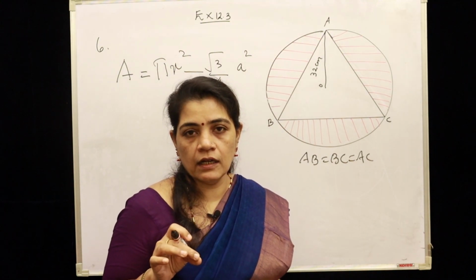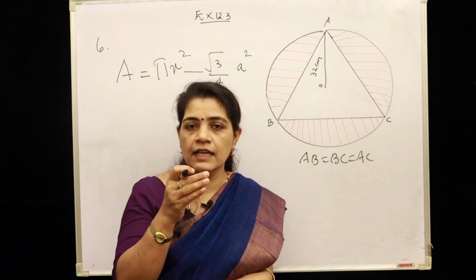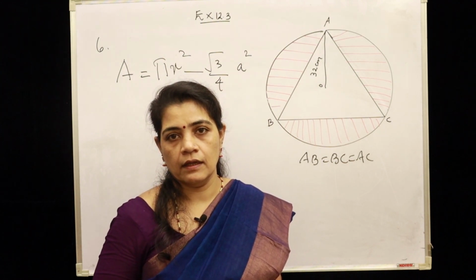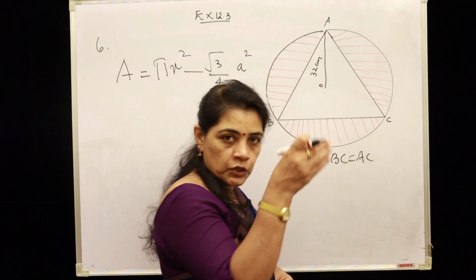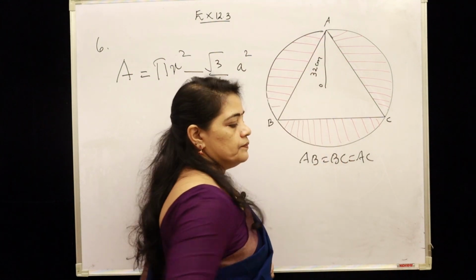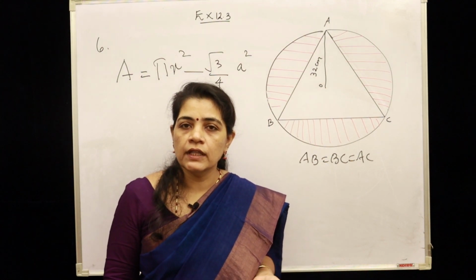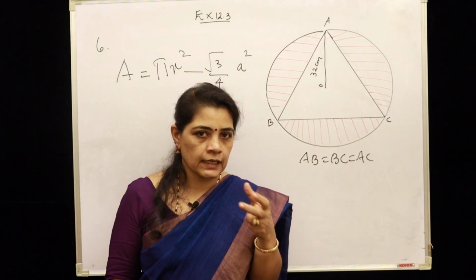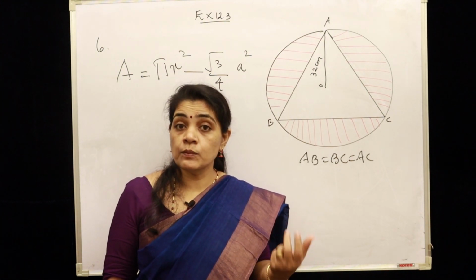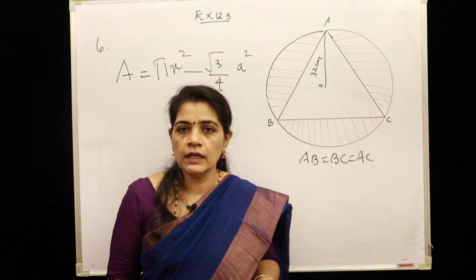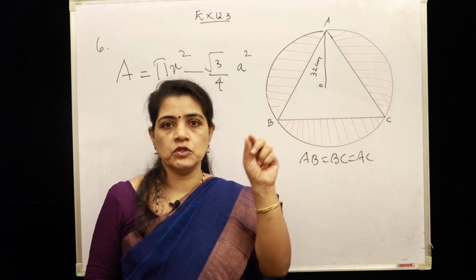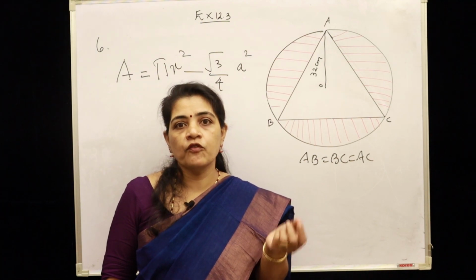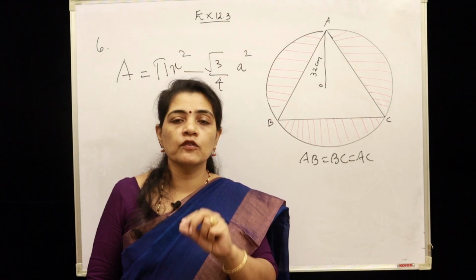The altitude of a triangle is the perpendicular line segment from a vertex to its opposite side, and the median is a line segment from a vertex to the midpoint of the opposite side.